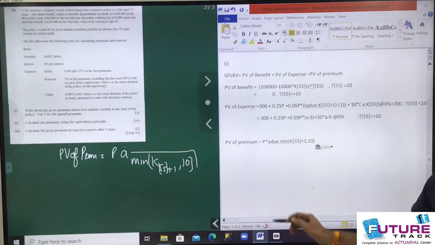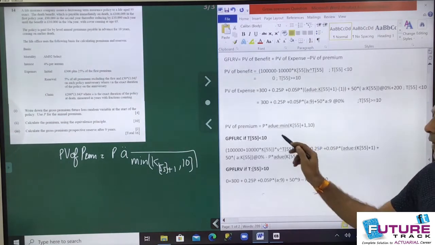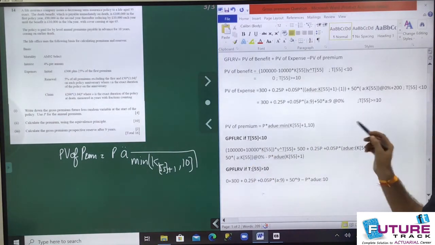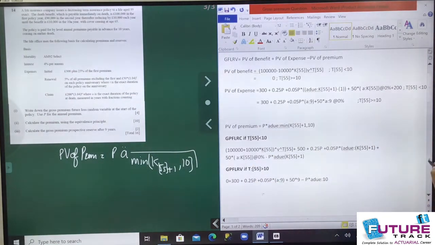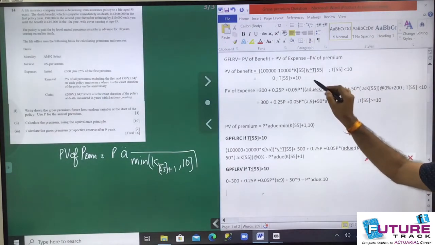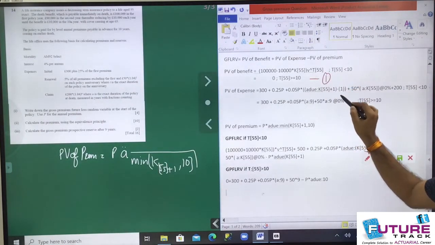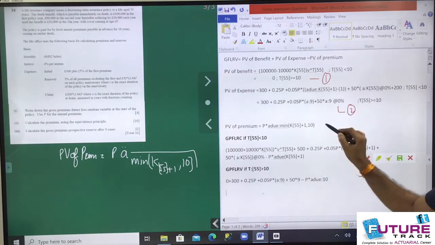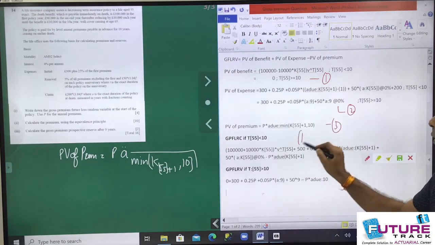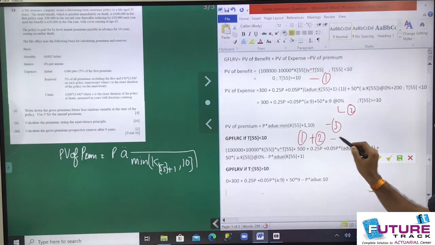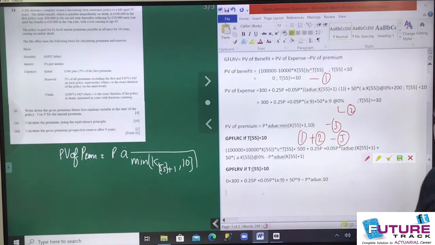Now let's see the final expression, how we write. So in this way we can write our final expression, or you can write one more thing. You can also write, let us say this is my 1, this is my 2, this is my 3. You can write 1 plus 2 minus 3 if you have a shortage of time. Otherwise it is good if you write the complete term. Fine.